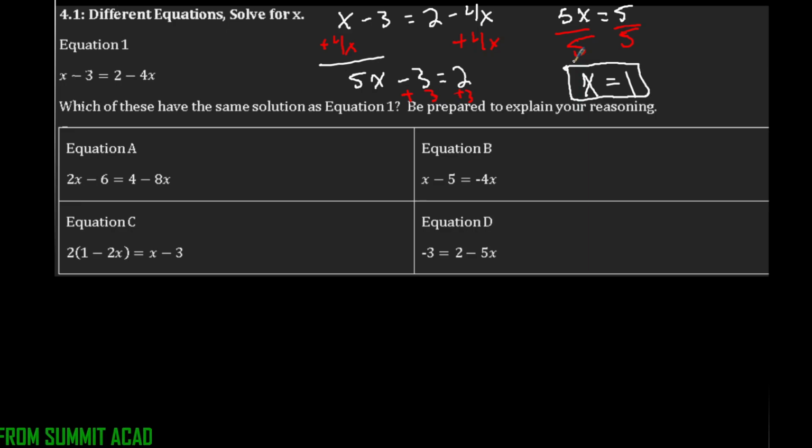Alright, so we solved for x, and then in the second part, it says which of these have the same solution as equation 1. So if I'm looking at equation A, it has 2x minus 6 equals 4 minus 8x.